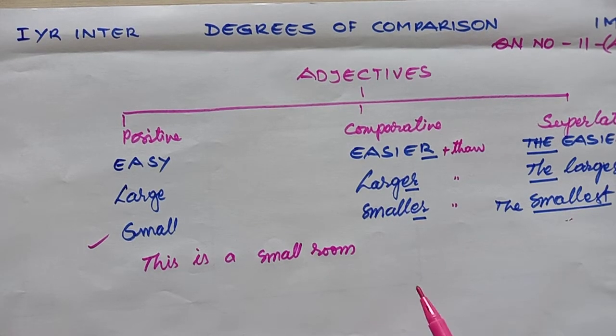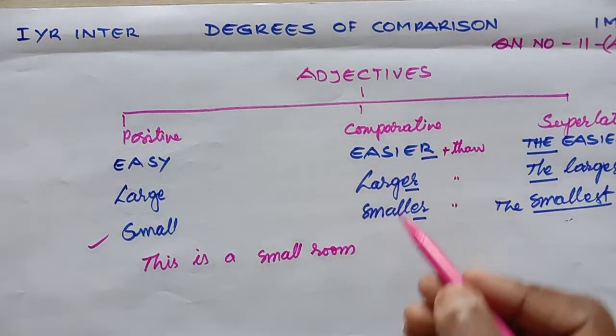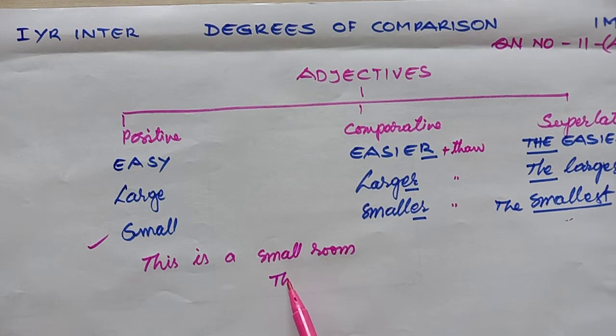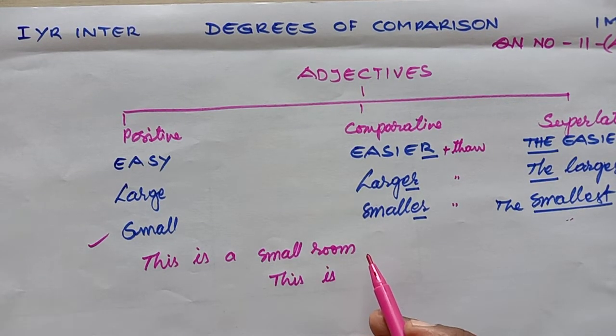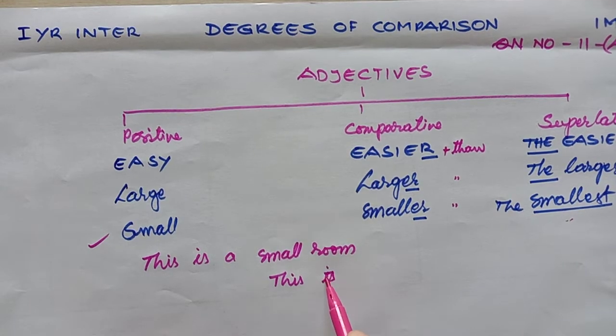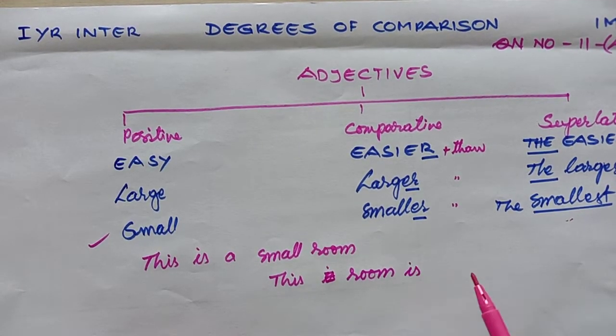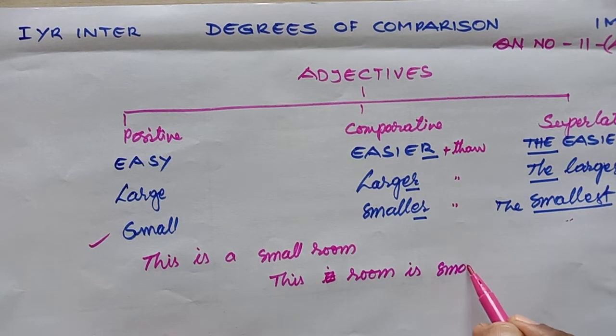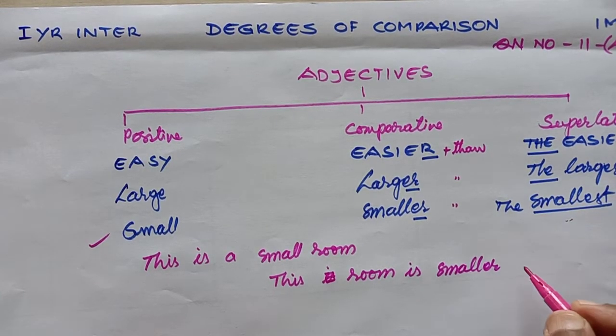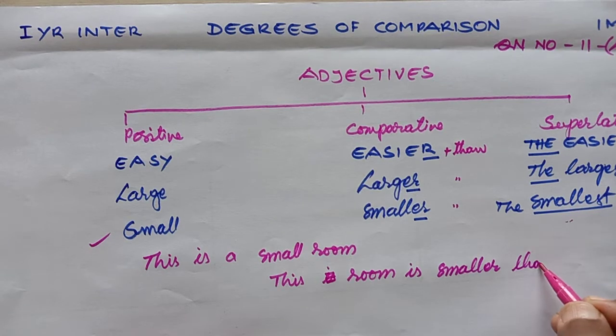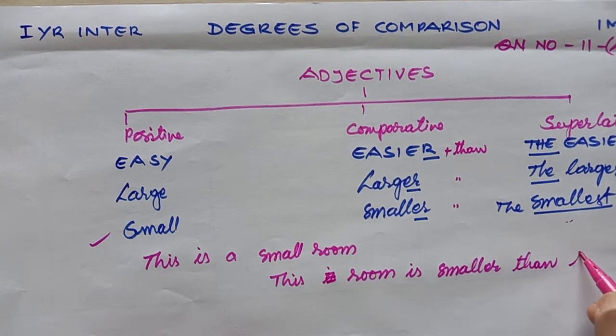Now what is the comparative form? This room is smaller than that.